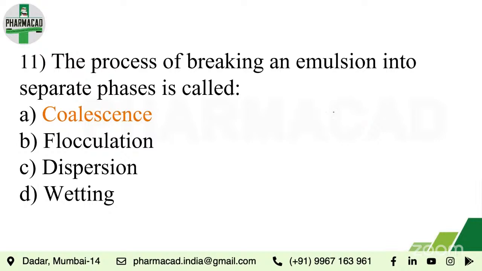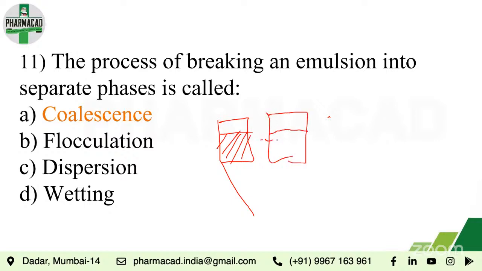Obviously, emulsion breaks down. First, emulsion में क्या होने लगेगा? पहले तो जो ये homogeneous phase है, वो थोड़ा थोड़ा creaming होने लगेगा. Okay, oil phase ऊपर आ जाएगा, water phase नीचे रहेगा.